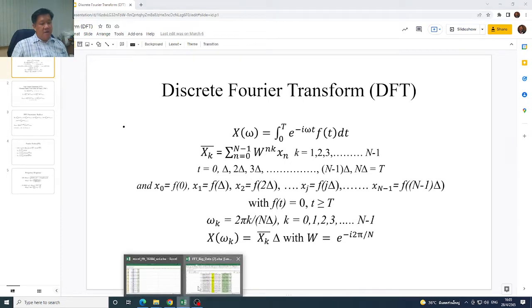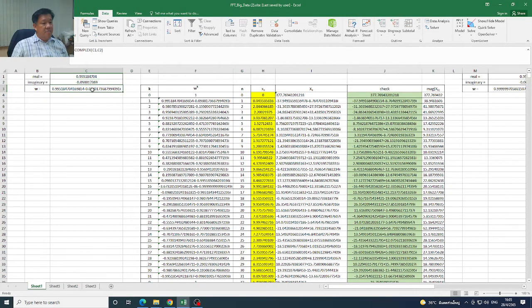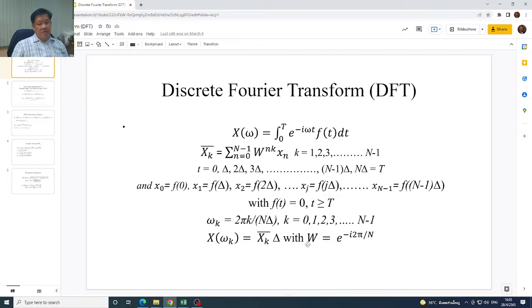Then W is just a complex number: C1 is the real part, and the cell C2 is the imaginary part. The way you can build a complex number in Excel is to use COMPLEX(C1, C2). C1 will become the real part and C2 will become the imaginary part. That's how you set up the W value according to this formula.